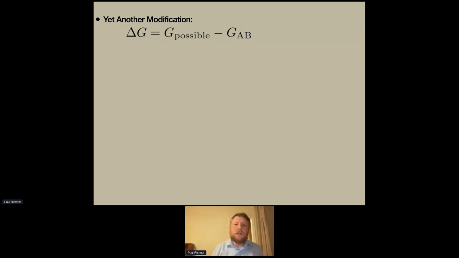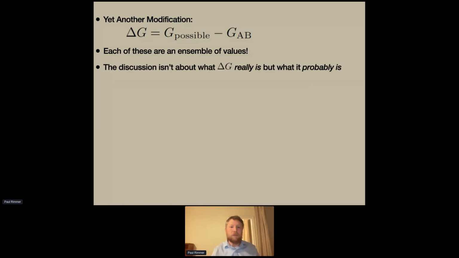And then you have another G, which is AB, the abiotic baseline. And this doesn't just look at chemical equilibrium, but the sorts of disequilibria that can be caused abiotically. Lightning, photochemistry, volcanism, impacts, all this other sort of stuff. Each of these would be an ensemble of values, and you'd have to look at this combination of all these different values to talk about how large your delta G could possibly be.